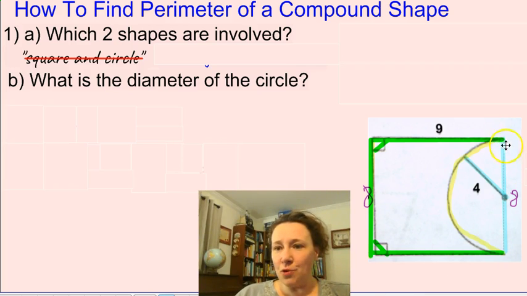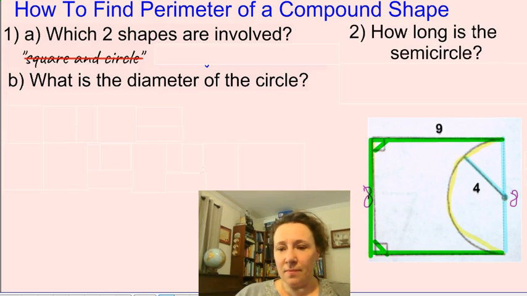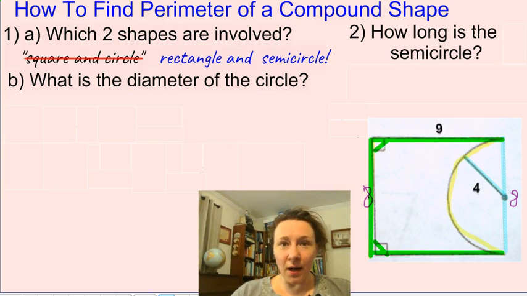So how do I know the length of the yellow curve, the length of my semicircle? Well, that's easy because there is a formula of a semicircle, and the formula states that the length of half of a circle would be circumference divided by 2.